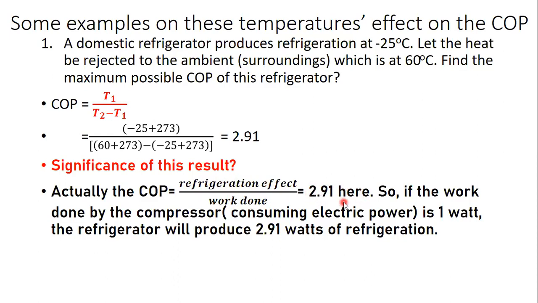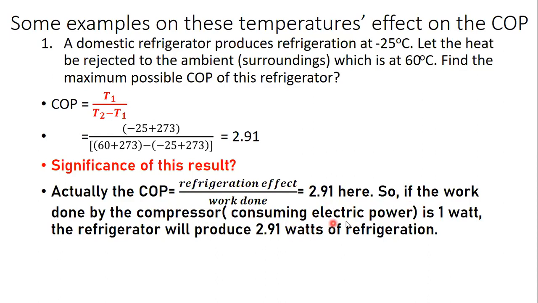So what does that mean? How is this compressor running? By consuming electric power. In our state, KSEB is supplying the electric power, and using that power our compressor does its work.